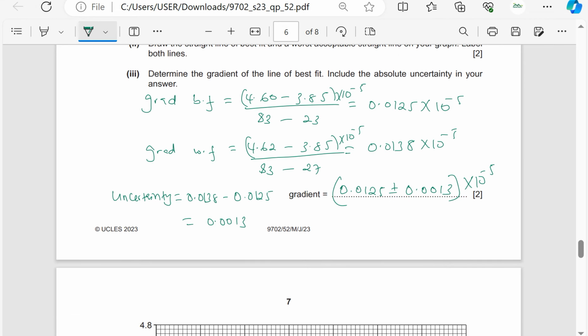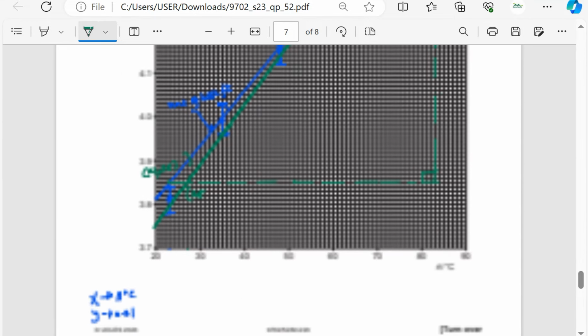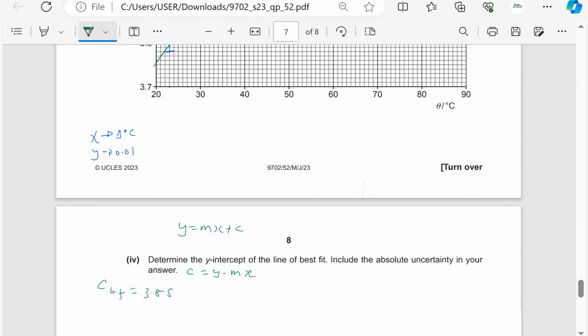Okay, so I could write this as 1.25 plus or minus 0.13 times 10 to the power of, I've moved it through 2 steps, so that is power minus 7. That would be the gradient anyway.